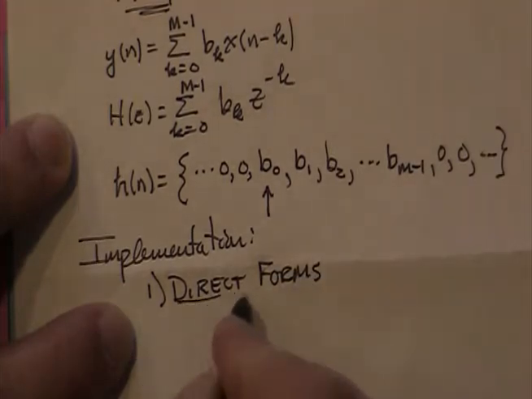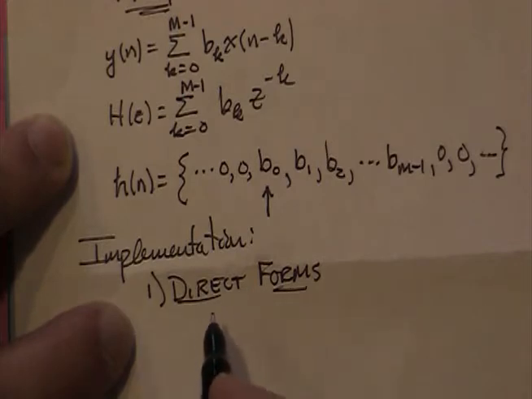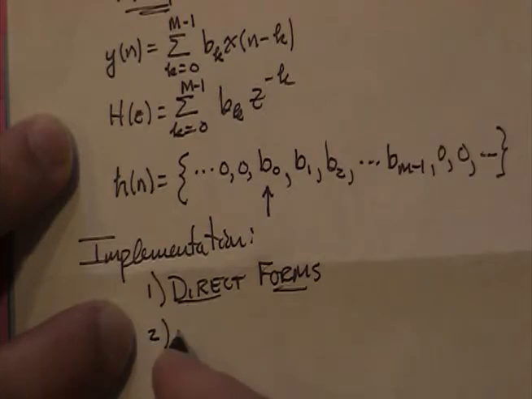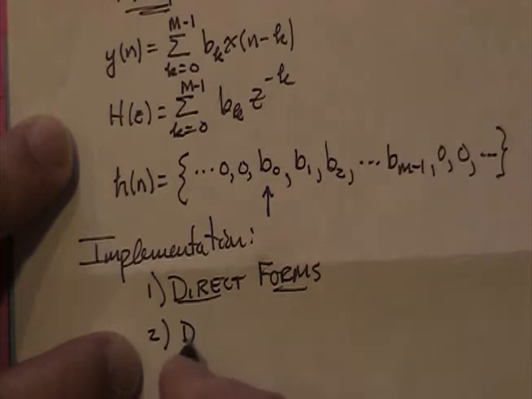These are basically what you coded up in your lab, the direct form 1 and direct form 2. For an FIR filter, there's no difference between a direct form 1 or a direct form 2. And then the second implementation we just got through talking about has some numerical advantages and sometimes some speed advantages, and that's the DFT.